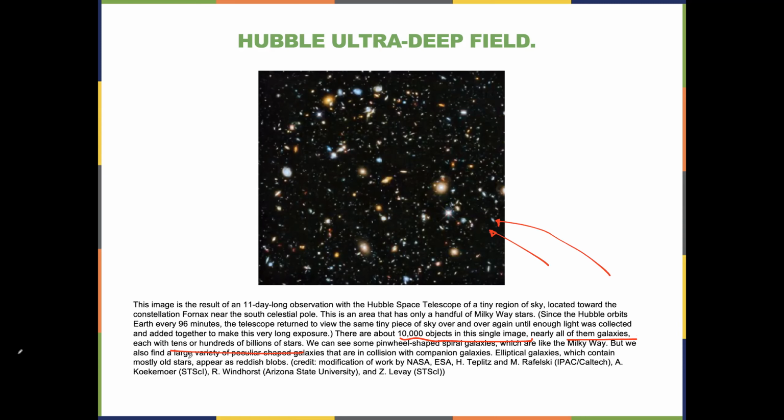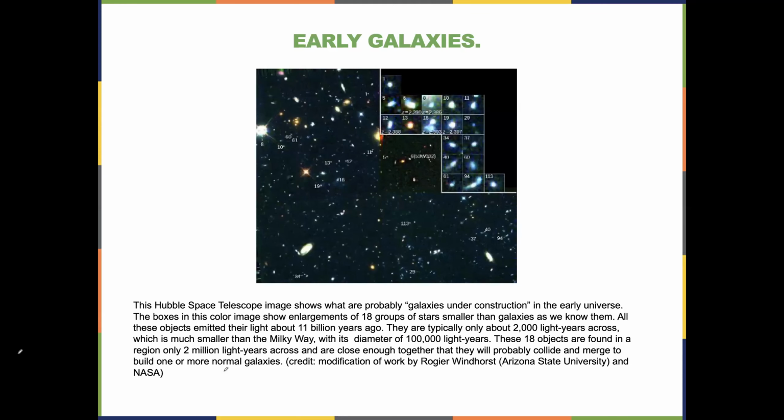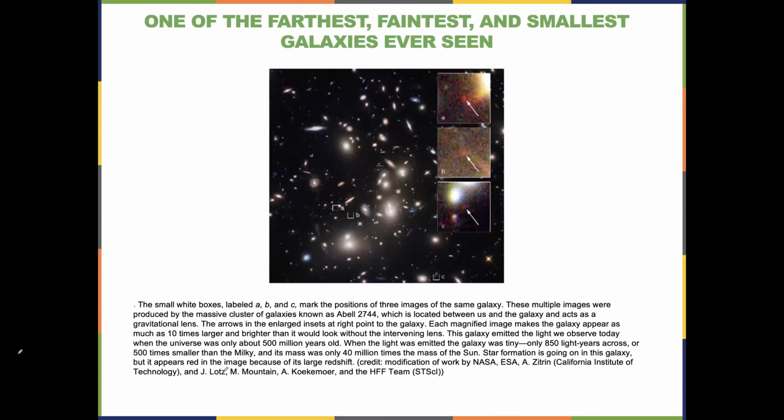And you can see elliptical shaped galaxies and spiral galaxies like that. And here's another image of early galaxies. I'm not going to explain each and every one, those are just for your information.